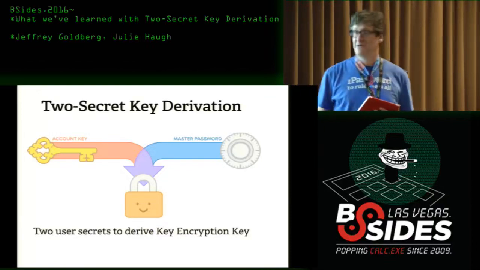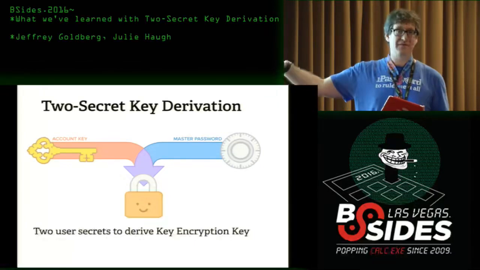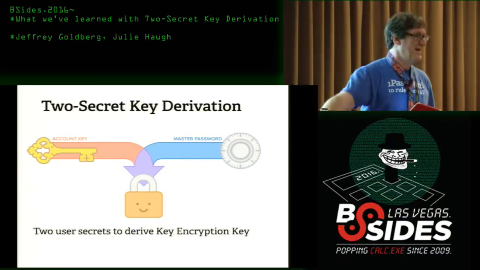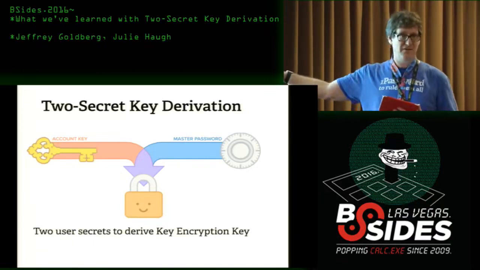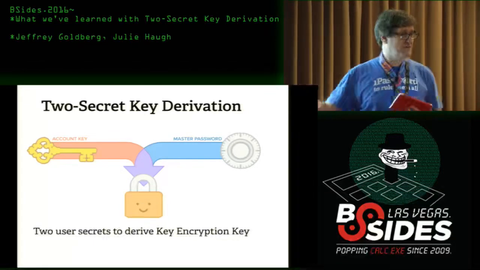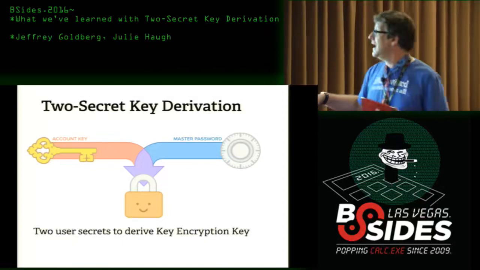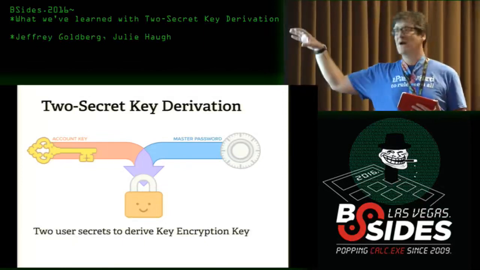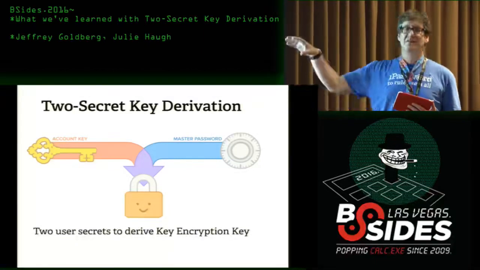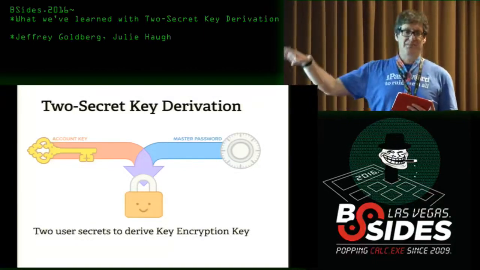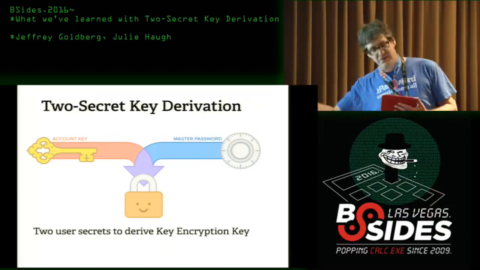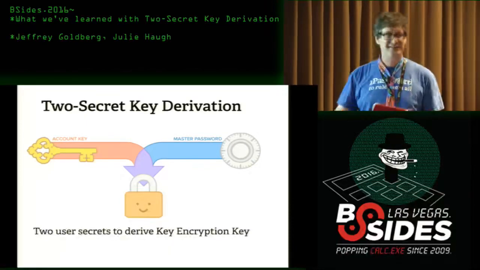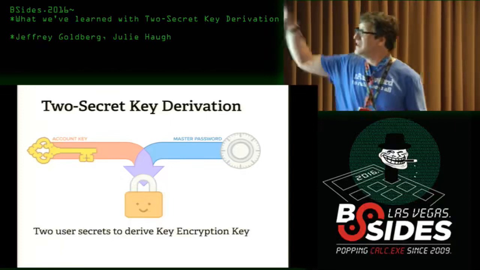Basically, what we're doing is deriving the keys that are used for both authenticating with the 1Password server, now that we've actually started running a service, and the keys that are used to decrypt the key encryption key that's used for encrypting your private key from your personal key set. That's way too many keys.